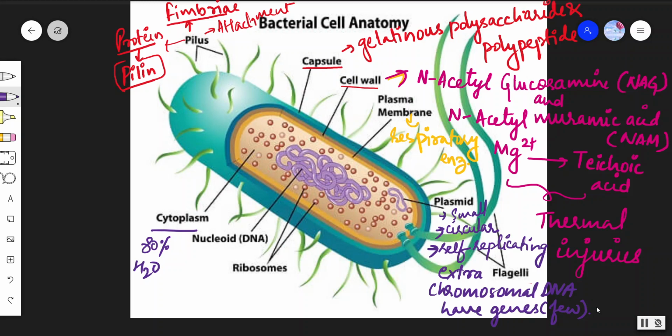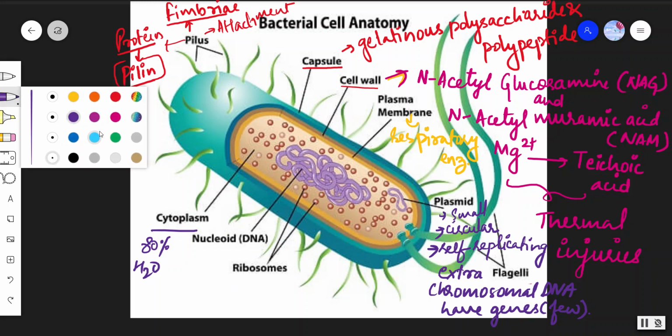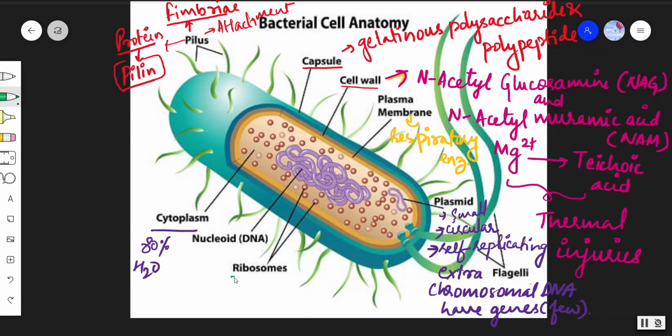So moving towards the next, and the next is the ribosomes. Let me change the color to make it more interesting a little bit. So ribosomes are what? Ribosomes are small round-like structures present in the cytoplasm of bacteria. They help in replication.